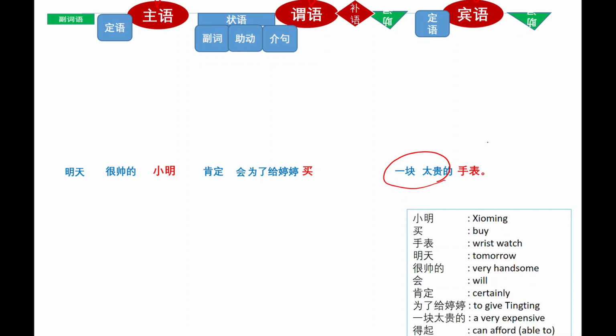Yeah, another thingy: 一块太贵的, very expensive. Maybe a Rolex or something.